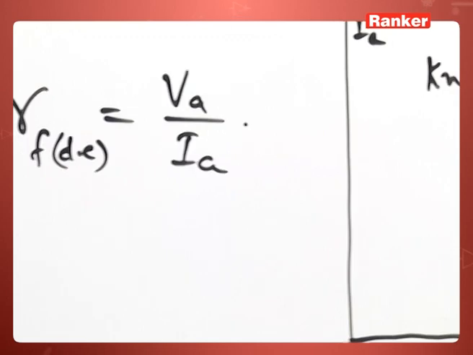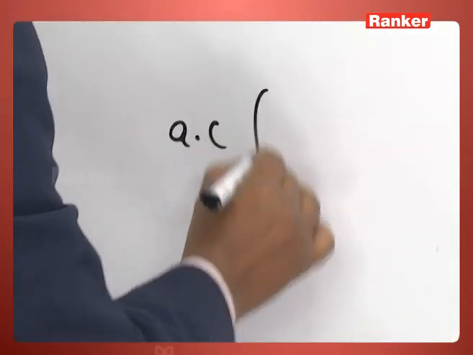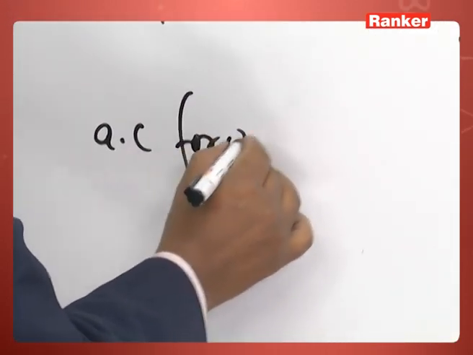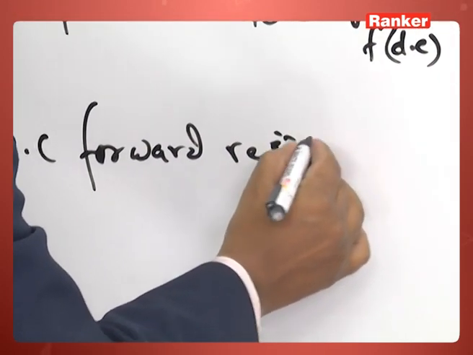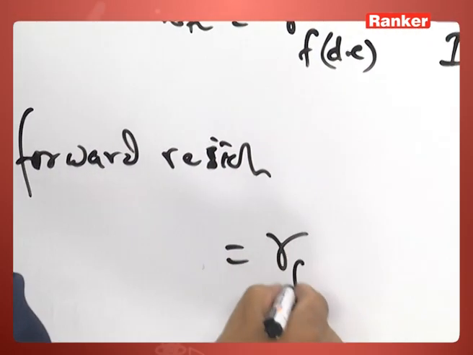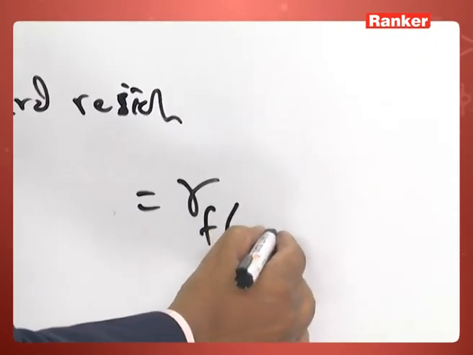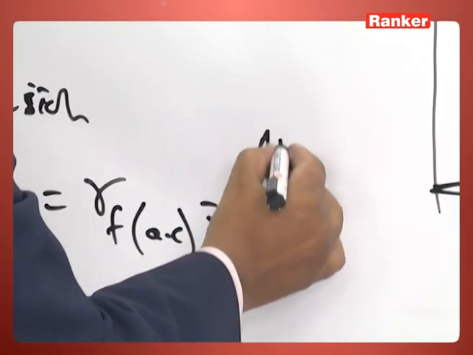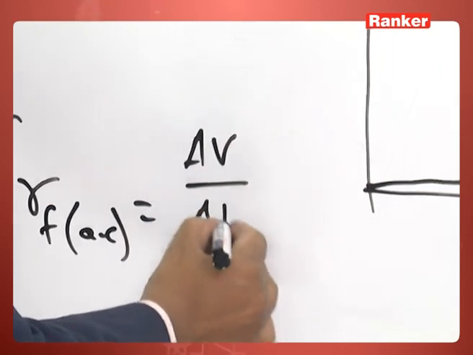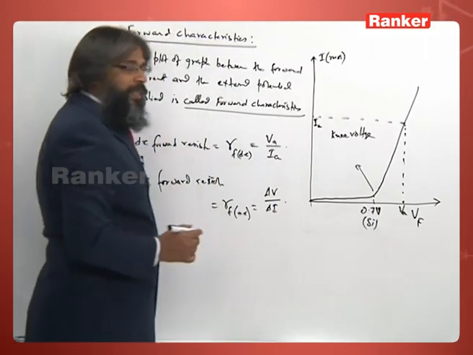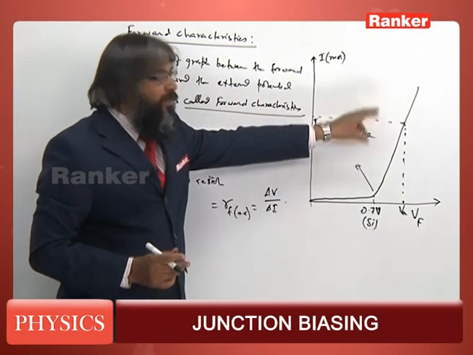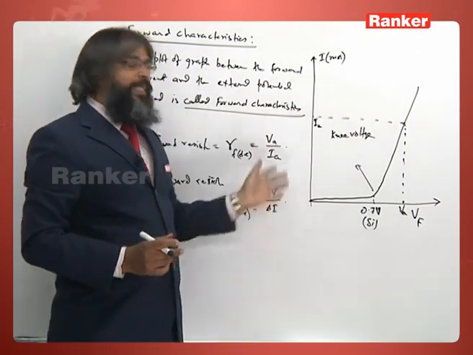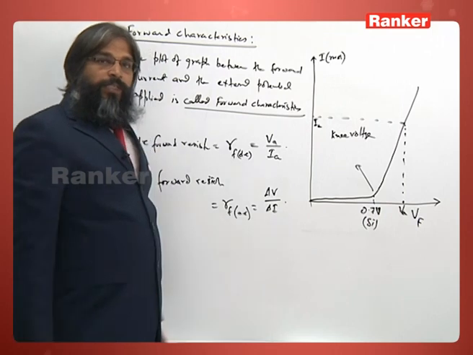And we have AC forward resistance, R forward AC, equal to delta V by delta I. So this is how we can define the resistance of the diode when it is forward biased.